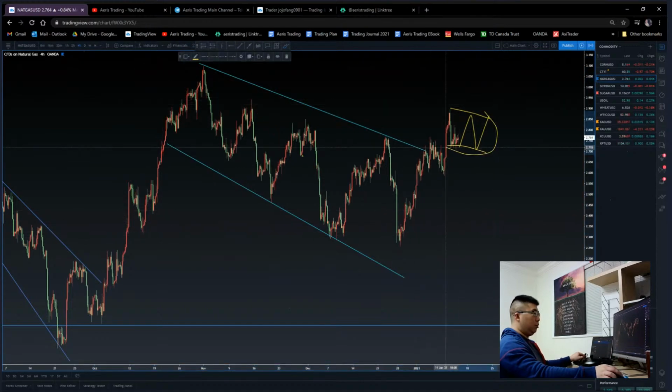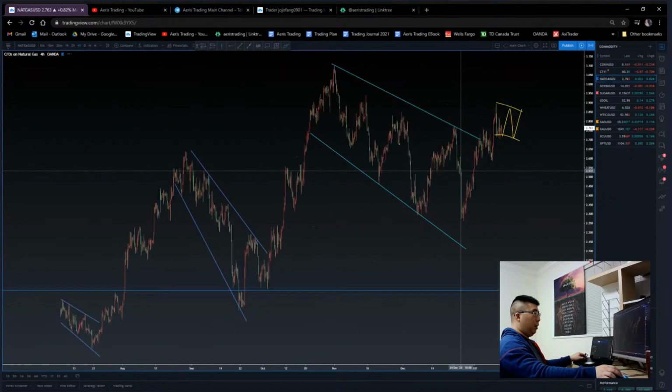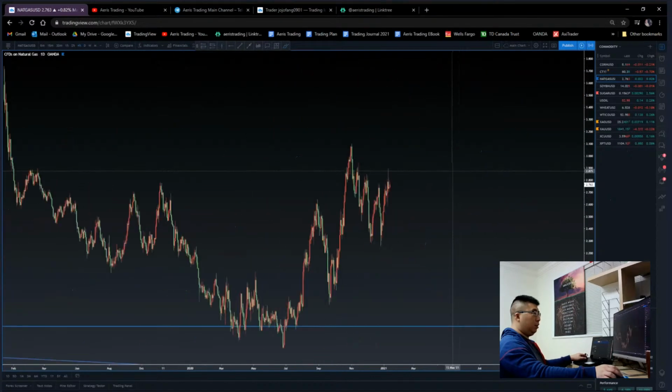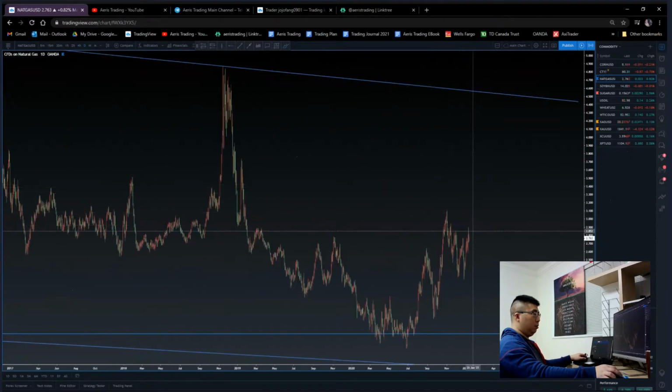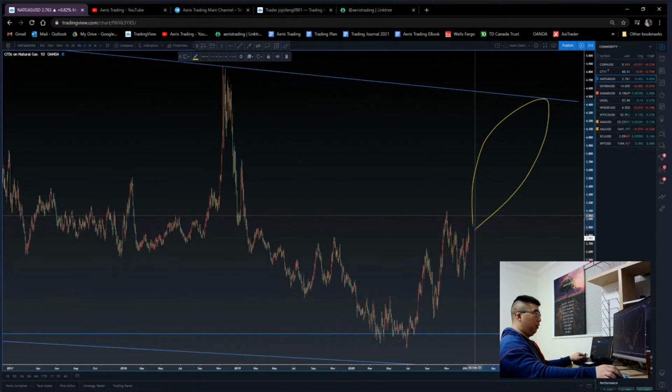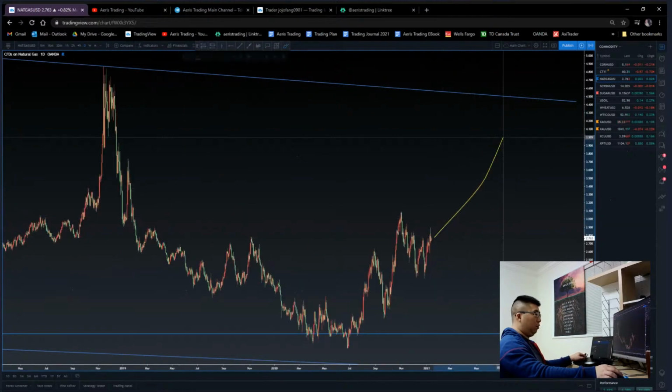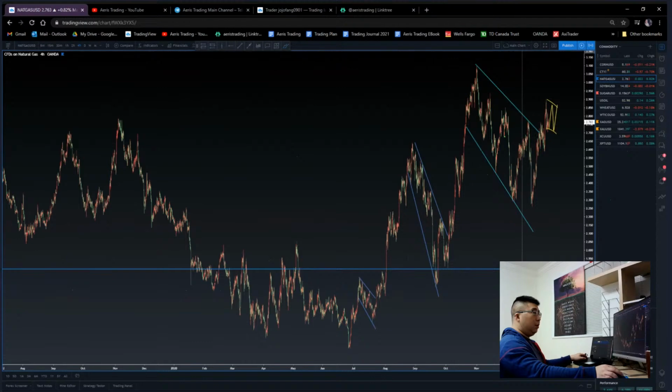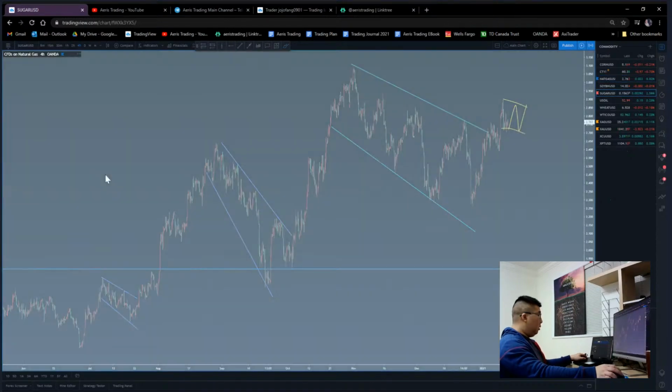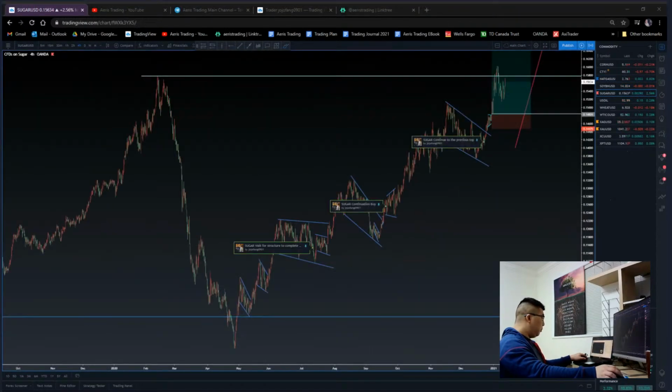Okay, so that's my approach on natural gas. Definitely see the potential for natural gas to continue upwards. I do see a lot of room on the higher time frame for a potential continuation. That's the structure you have, great. So let's continue here.